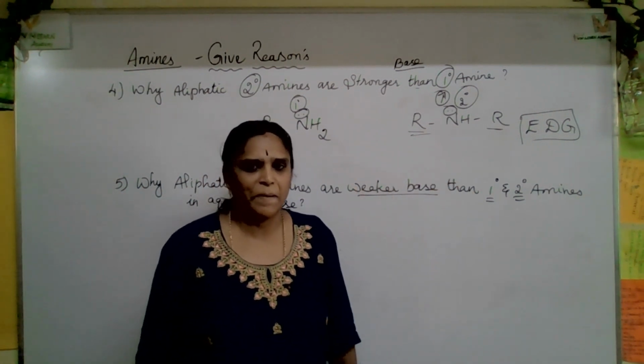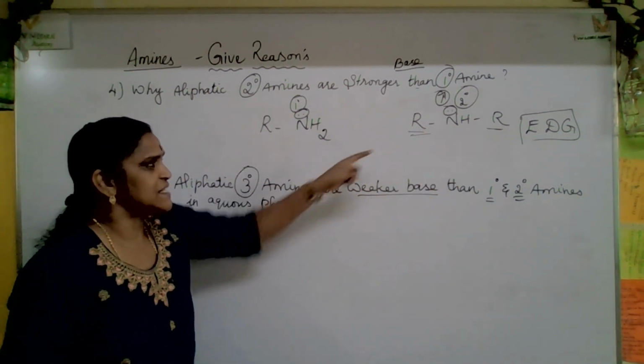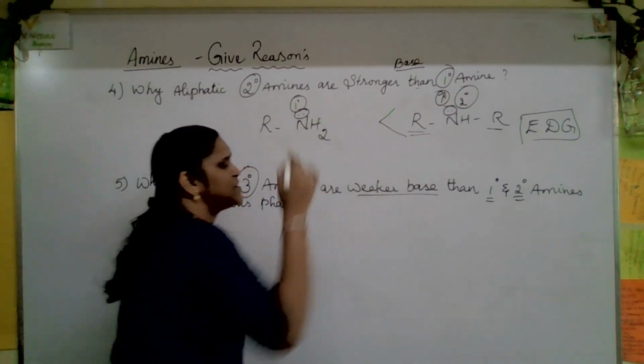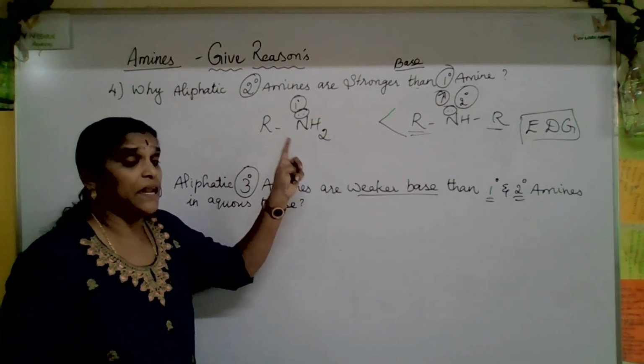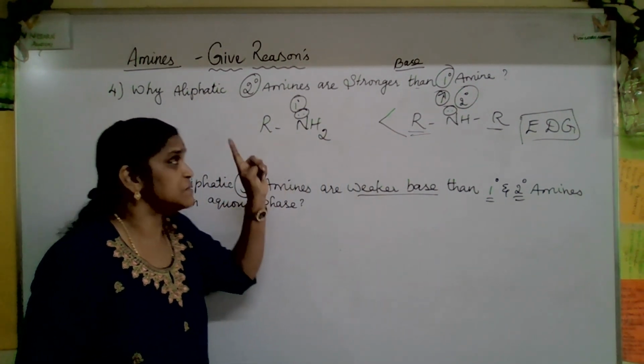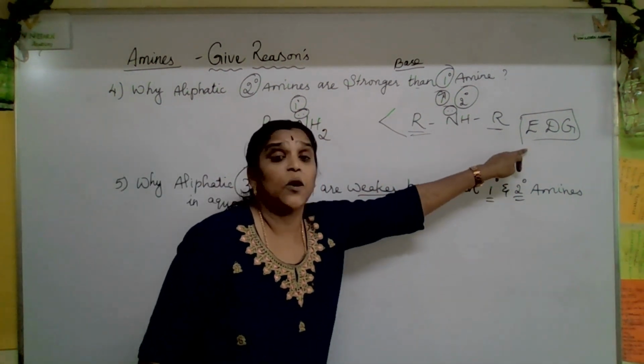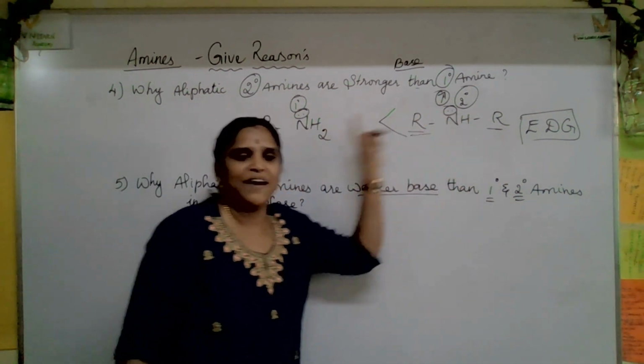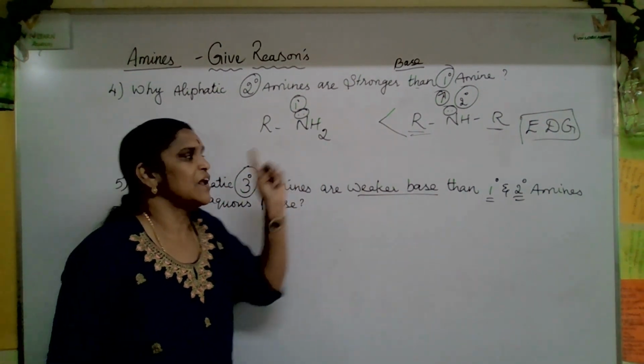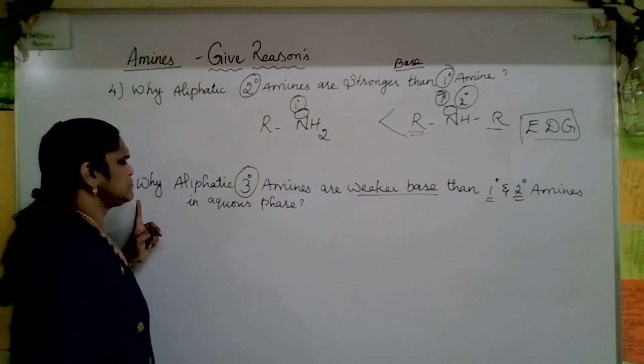Basic character will be increasing. So we can say secondary amines are stronger than primary amines. Why is primary amine less? Because it has only one alkyl group, whereas here two alkyl groups are there to donate. Yes, fine.